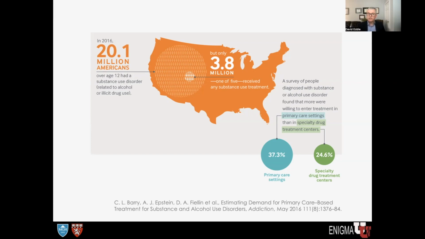Managed care in the United States has made it really, really hard to access mental health care. Now, the HIPAA Act and Obamacare really did a lot to ameliorate that issue, but it's still really problematic. It's still very hard to access substance use disorder treatment in the United States, even with pretty good health insurance.